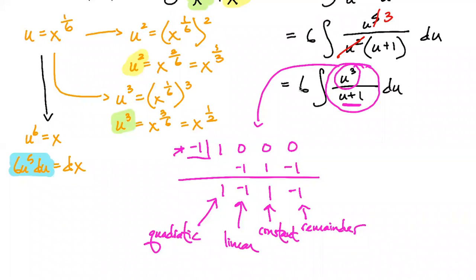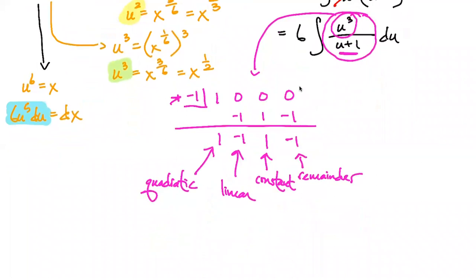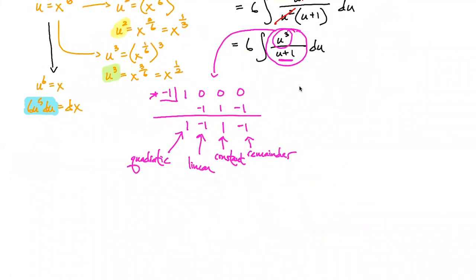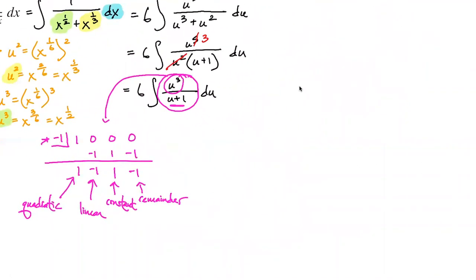And so what this synthetic division allows me to do is to take my original integral and rewrite it into a few different pieces. So I can rewrite this 1 as 1u squared.